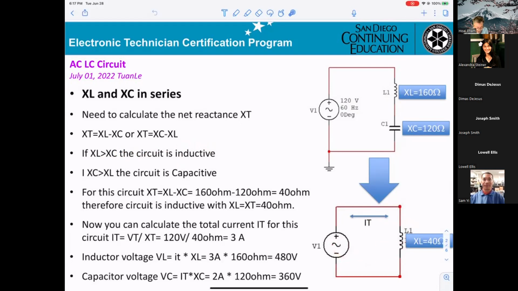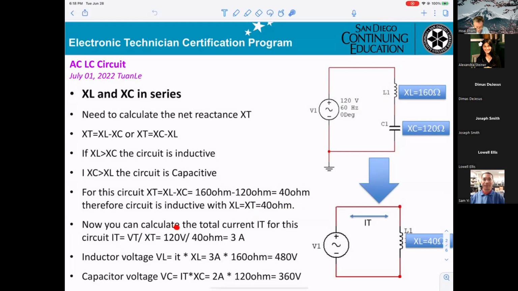However, if XC is greater than XL, the circuitry will be capacitive. For this circuit, XT equals 40 ohm. Therefore, the circuit is inductive, with XL the same, XT equal 40 ohm.